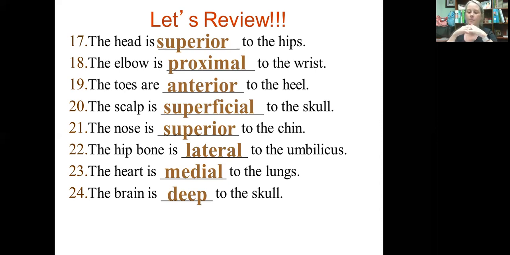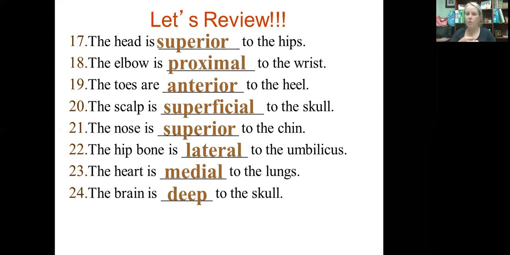But for instance, what if I said your sternum to your heart? Okay, your heart, about the size of your fist, sits behind your sternum. So your sternum in that case would be anterior to your heart, but it could also be superficial, which means closer to the surface of the skin. So in that instance, you would want to look for both words and see which one I had marked.